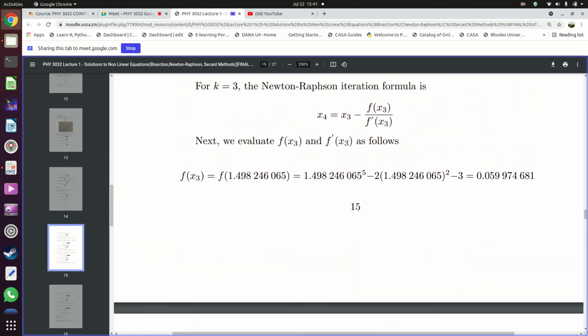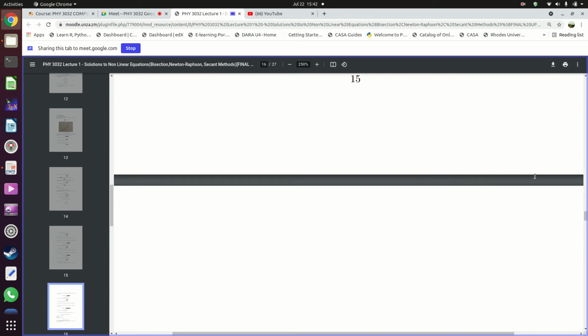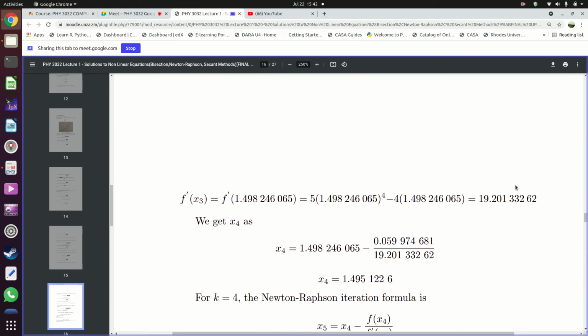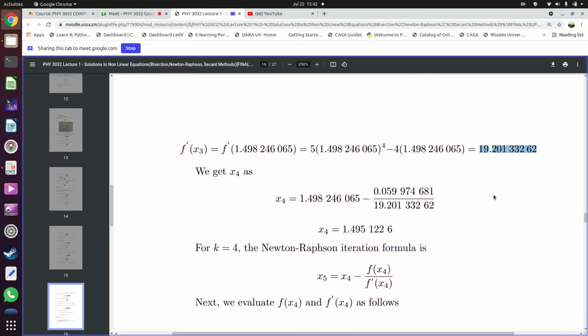So we have the value of the function at x3, which is that. We also have the value of the derivative at x3, which is what you have here. So when we substitute for x4, we have x3, which is 1.498246065.